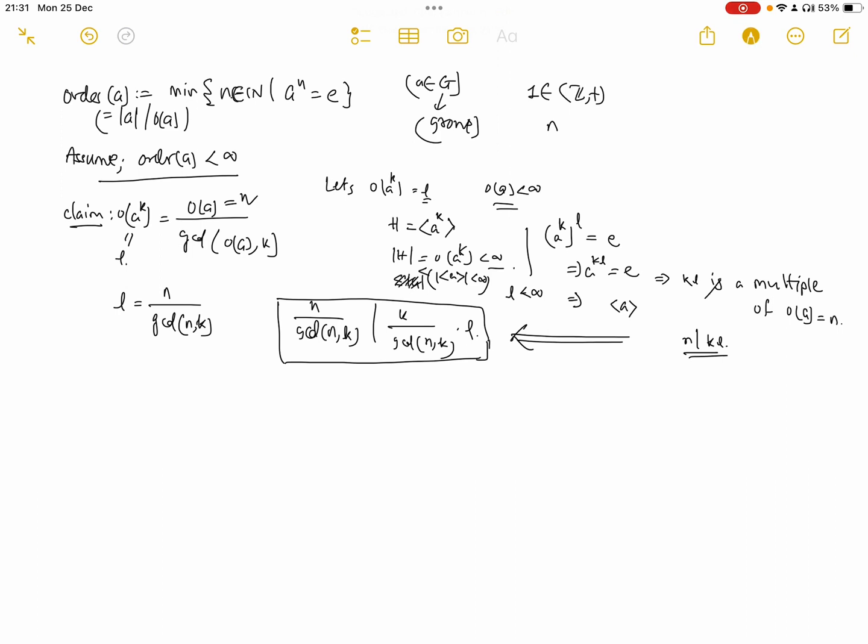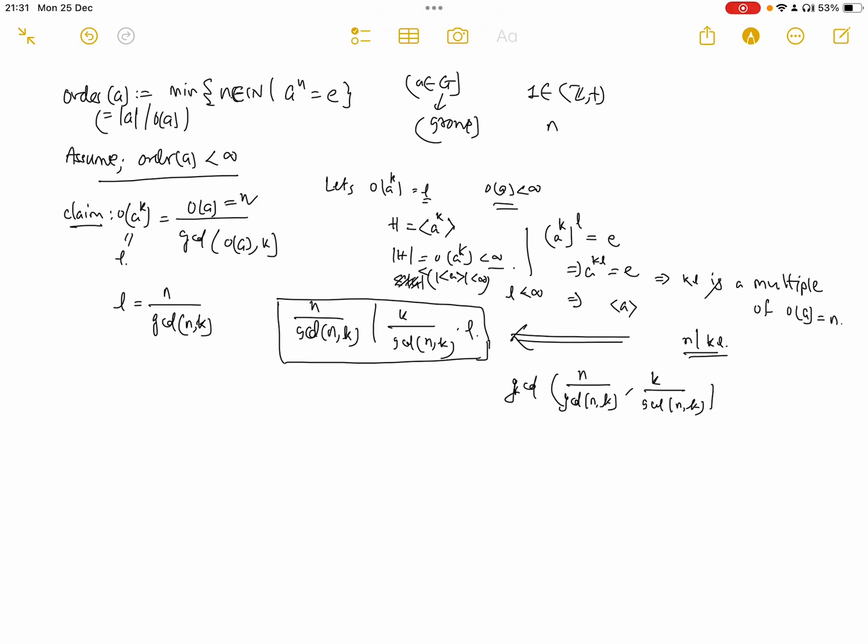But now observe one basic fact about numbers: whenever you have two numbers, say n and k, and you divide each by their GCD, you have these two numbers, right? So what will be their GCD?